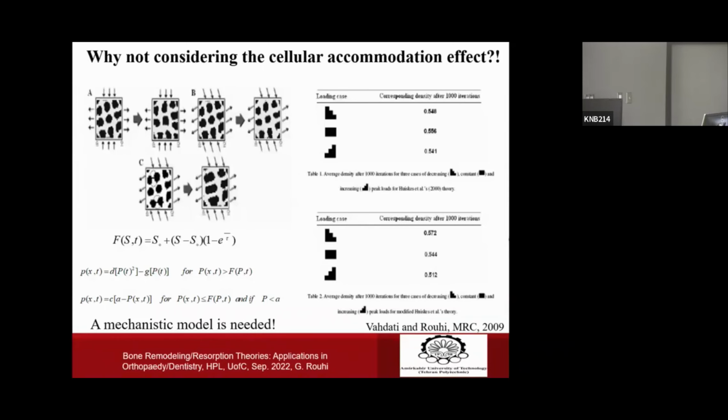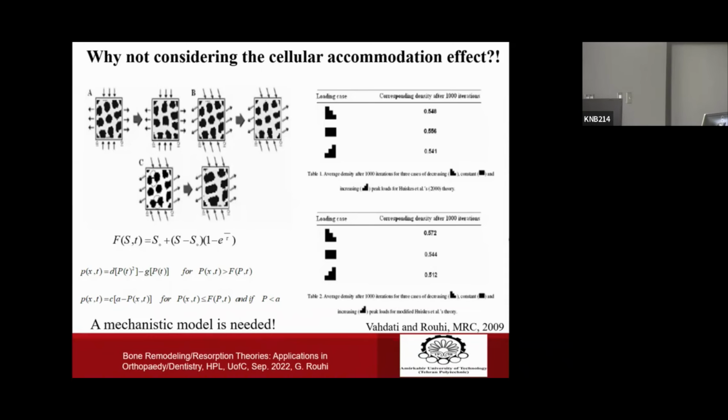In the case of disuse, everybody knows that we can use this equation. The probability of resorption at different spots can be determined based on the stimulus received by the osteoclast from osteocytes. But in the case of overuse, we have resorption as well.